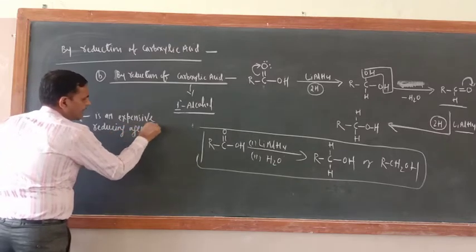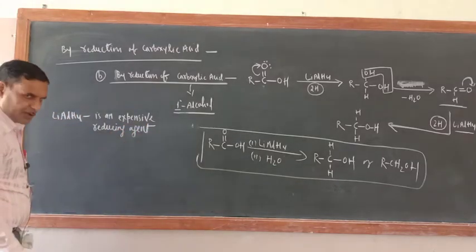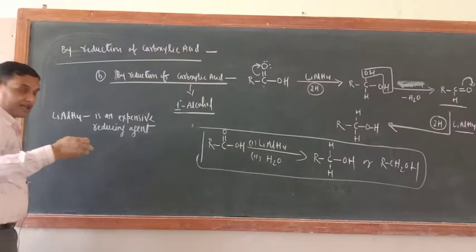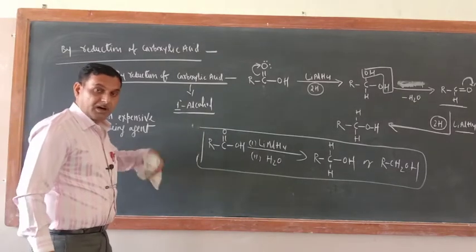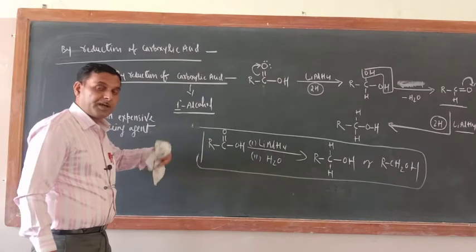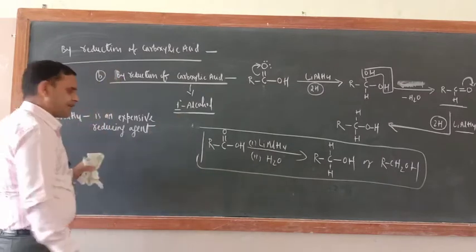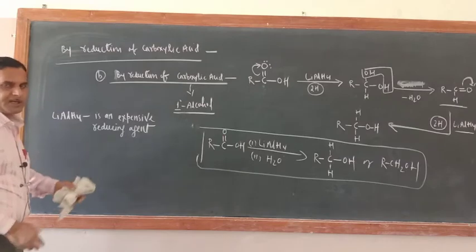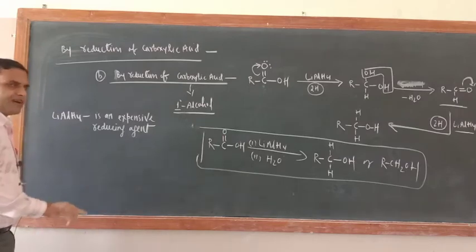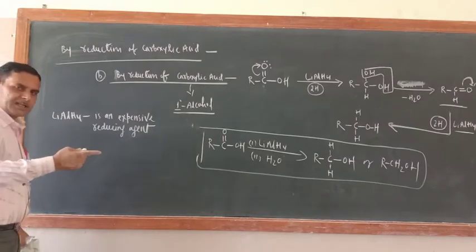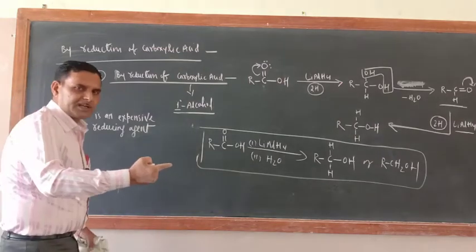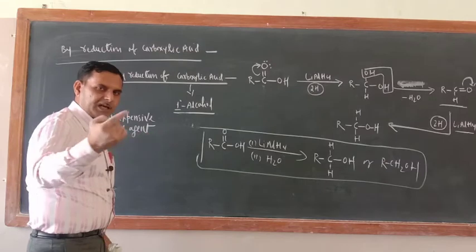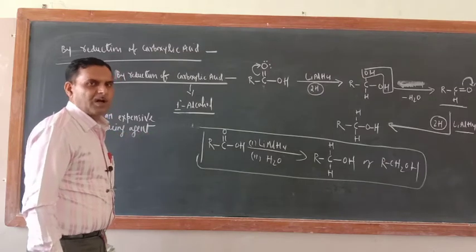Of course the yield of alcohol is good, but the cost of the method would be very high. So scientists suggested one alternative method. It is better to convert the carboxylic acid into ester, and then the ester should be subjected to reduction. Then also you will get the alcohol only.